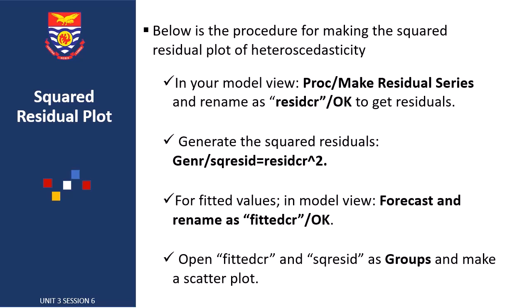So we have estimated our residual CR, then we have squared the residuals and saved it as resid_CR squared, and we have the fitted CR also, which is the forecast that we renamed. So if you want to plot this heteroscedasticity plot, you only have to open these saved data sets, the fitted CR and the squared residual, and even the resid_CR, and among these values you can plot with the help of the eViews application. The most important thing is that you should have your data saved in this form, and then you can plot them using eViews.